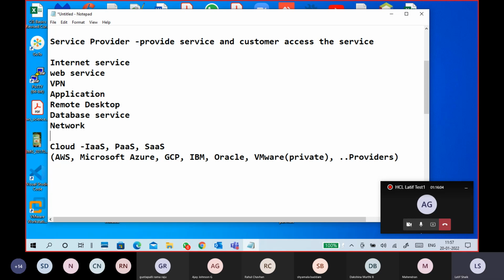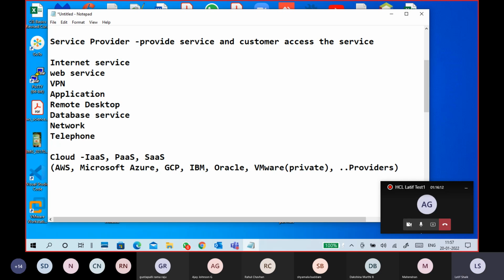When your computer got repaired, then what to do? Telephone services, mobile communication services.